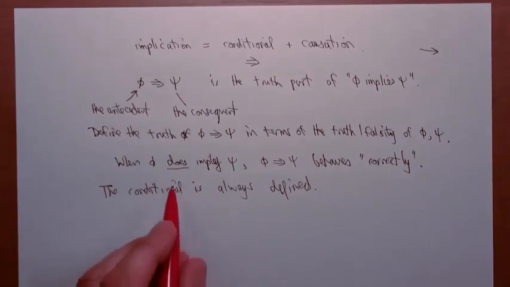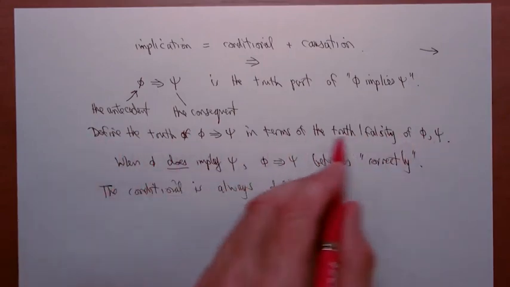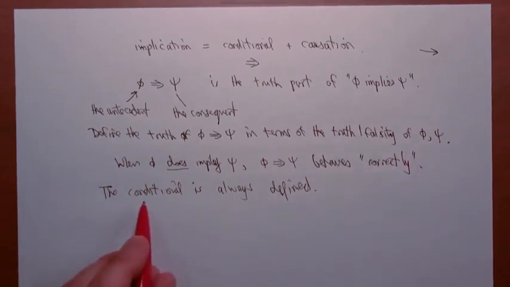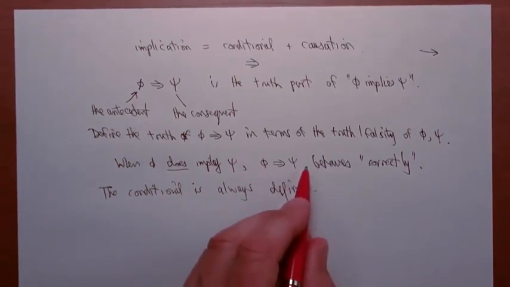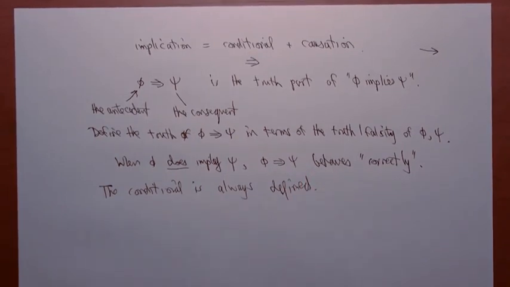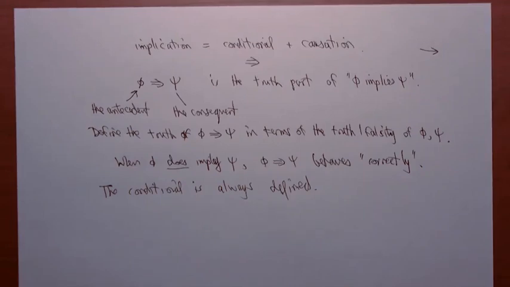But because we're going to define the conditional purely in terms of the truth value of the two constituents, the antecedent and the consequent, it turns out that the conditional will always be defined. When we do have a genuine implication, the definition of the conditional will agree with the way implication behaves. And when we don't have genuine implication, the conditional will still be defined. And so we can proceed. Again, this probably seems very mysterious when I describe it in this way, but as we develop some examples, I hope you'll be able to understand what I'm trying to get at.